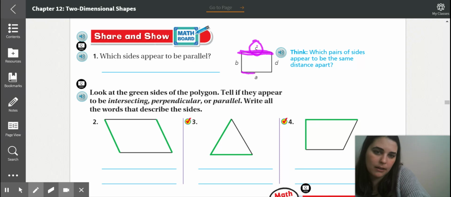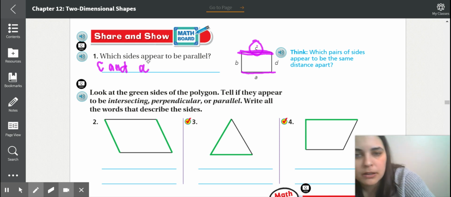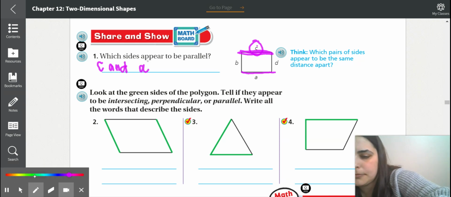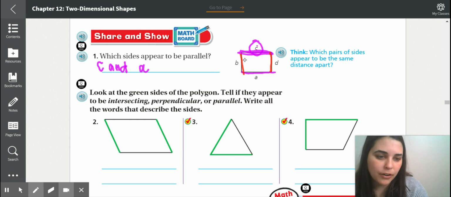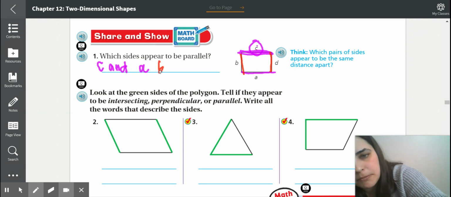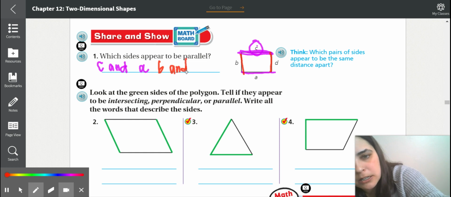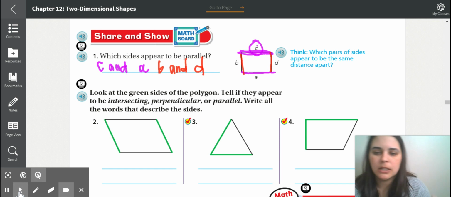Well, it would be A. So we have C and A. Okay, let's do a different color. And then D and B, those sides will never cross and make an angle. So we have B and D. All right.